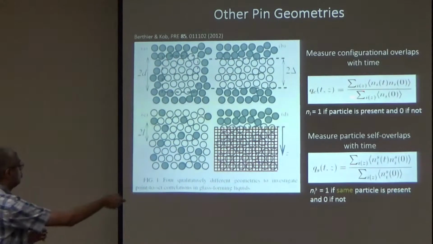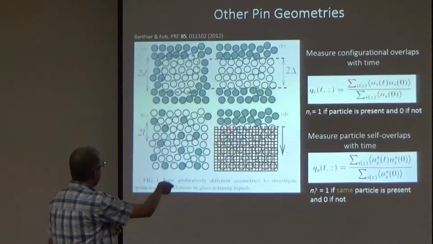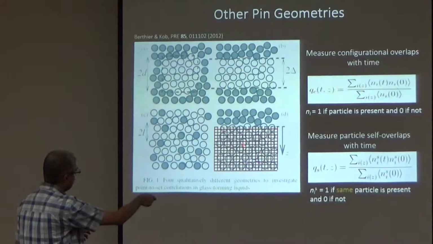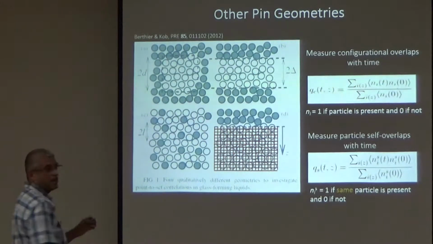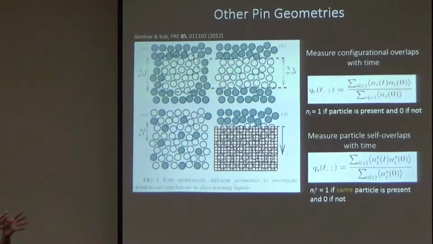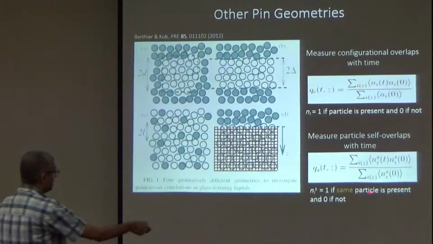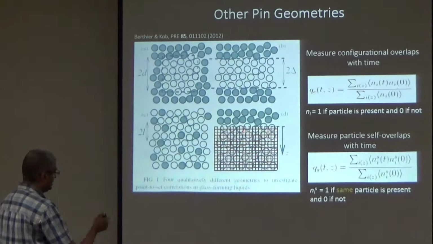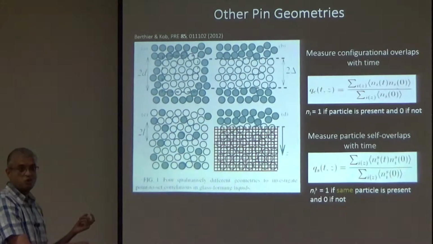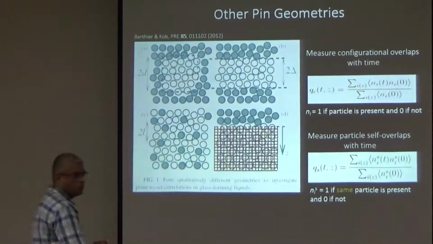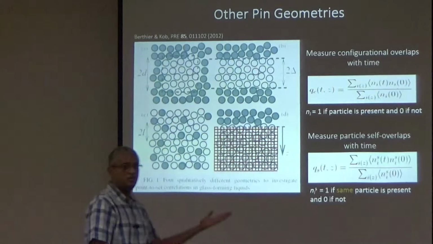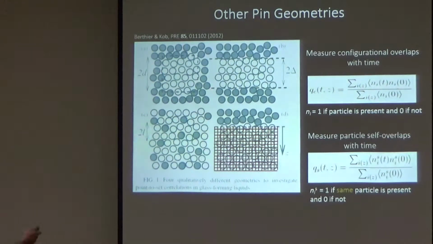In the other case you do, because all I do is divide the system into boxes. If a particle is occupying a box, I call it a 1, otherwise it's a 0. In this case, it has to be the same particle that occupies the box. And this is exactly the quantity that you measure in dynamic light scattering. It's the density correlation in a way, where the box size is your wave vector.